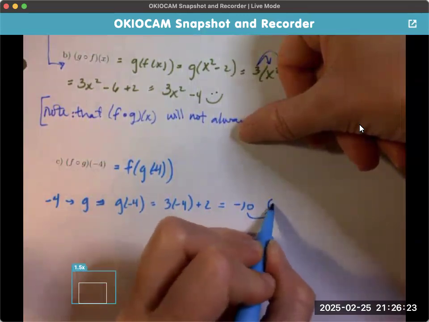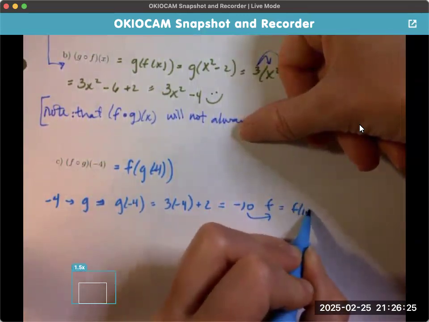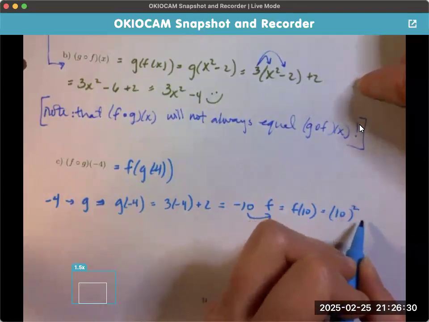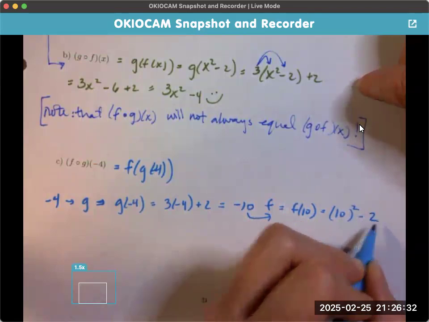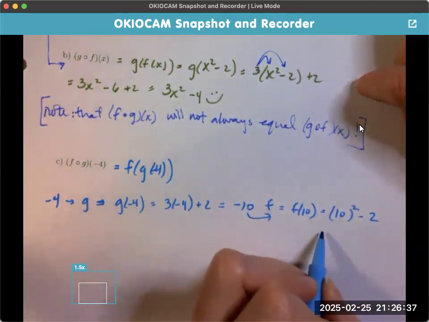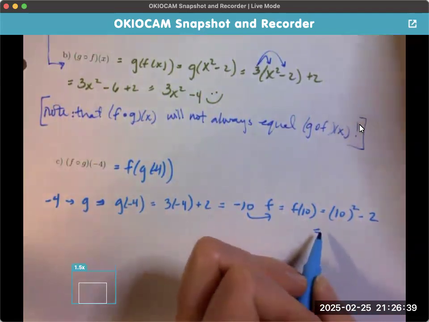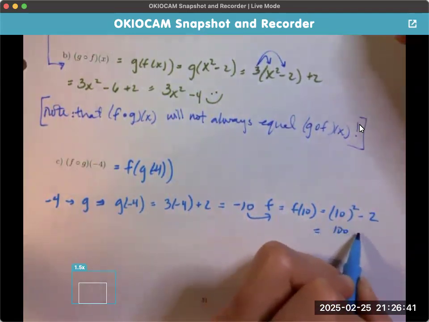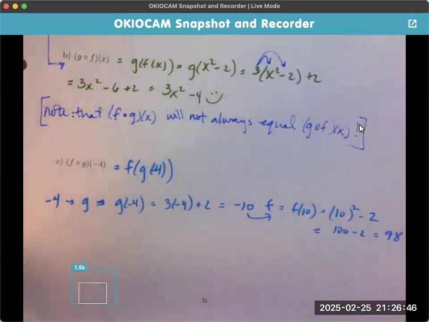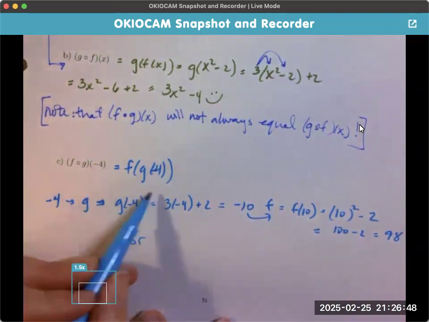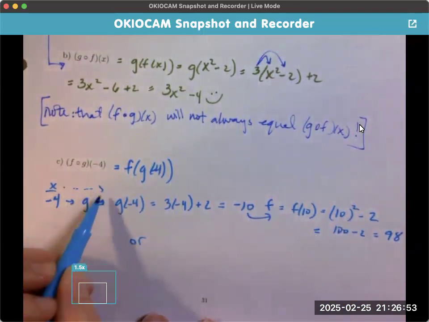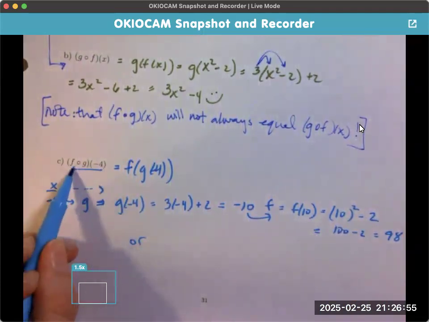So now negative 10 goes into F. This is F of negative 10, so this is negative 10 squared minus 2. Sorry, I got confused from the cubic on the other page. This is 100 minus 2, or 98. So this is the leapfrog: this is your X, and then you just continue moving right to left.